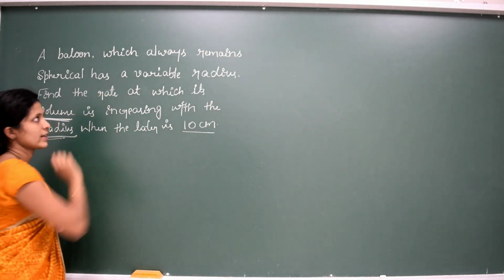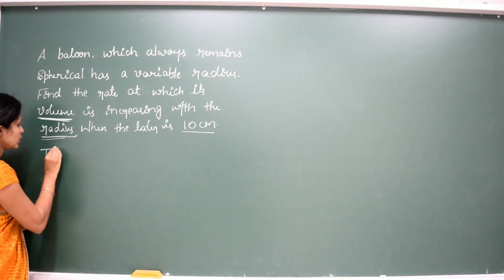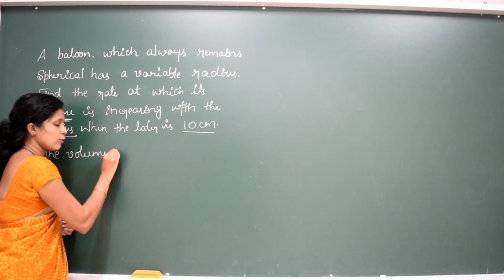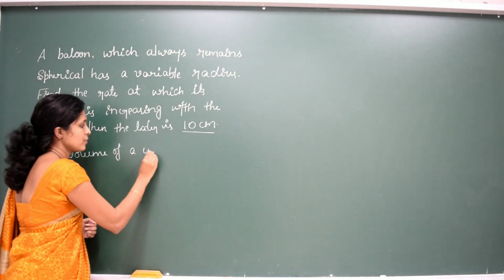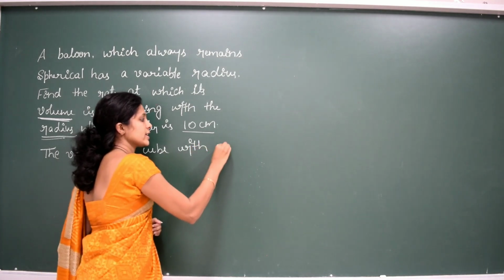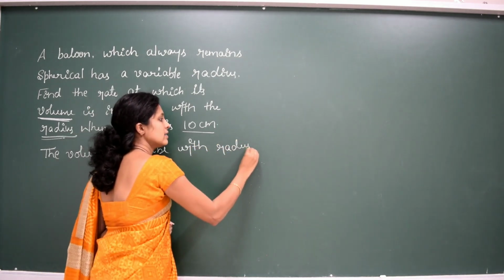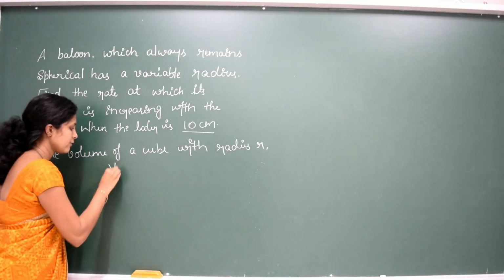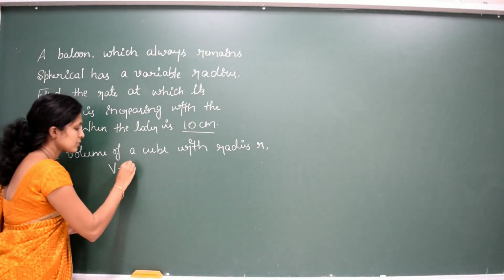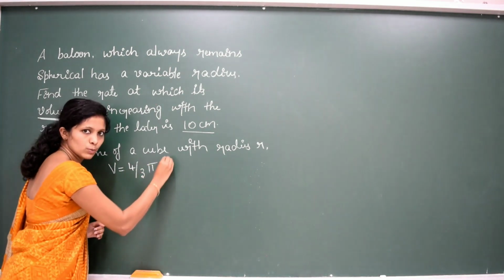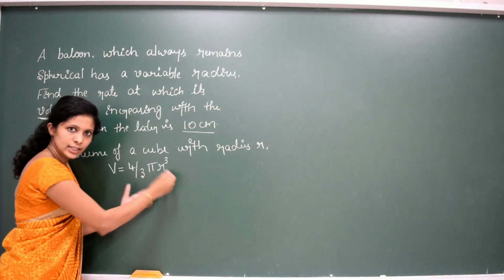First we'll write the volume of a sphere. What is the volume of a sphere? The volume of a sphere with radius r, okay, with radius r, compulsorily you have to write this, is given by V is equal to 4 by 3 pi r cube, right? 4 by 3 pi r cube.